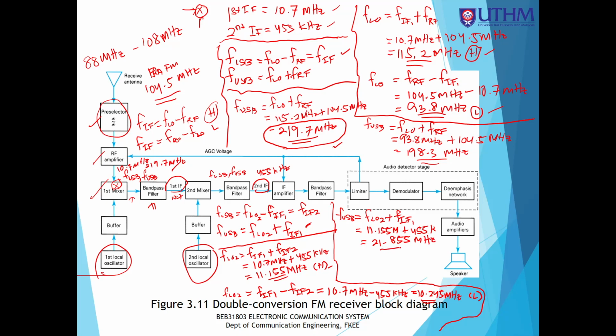So if I use high side injection, I will produce an FUSB of 21.855 megahertz.